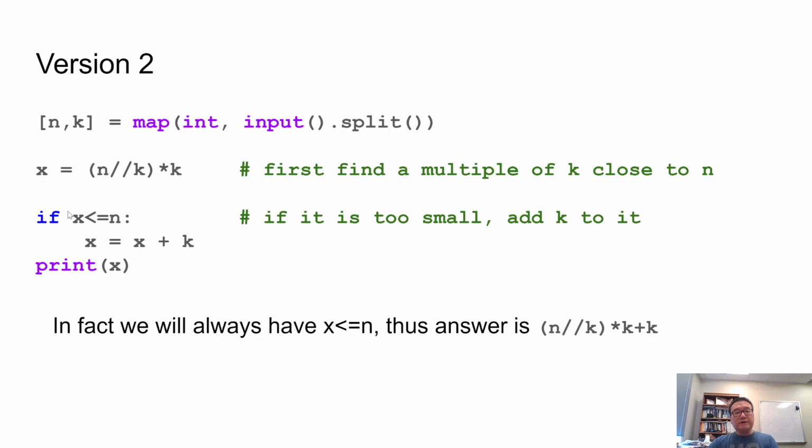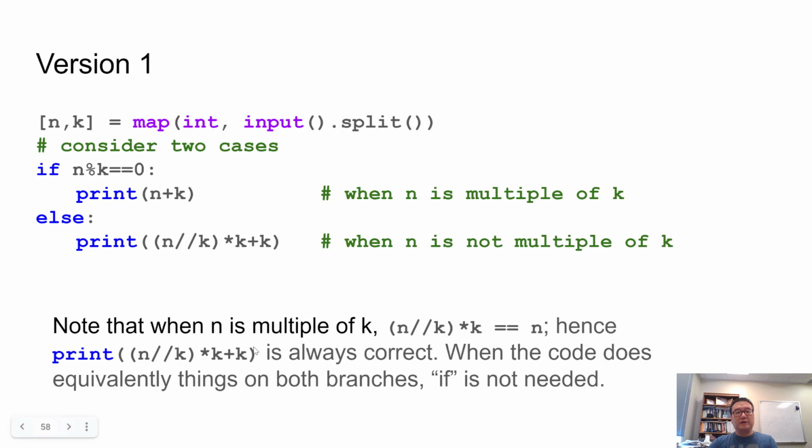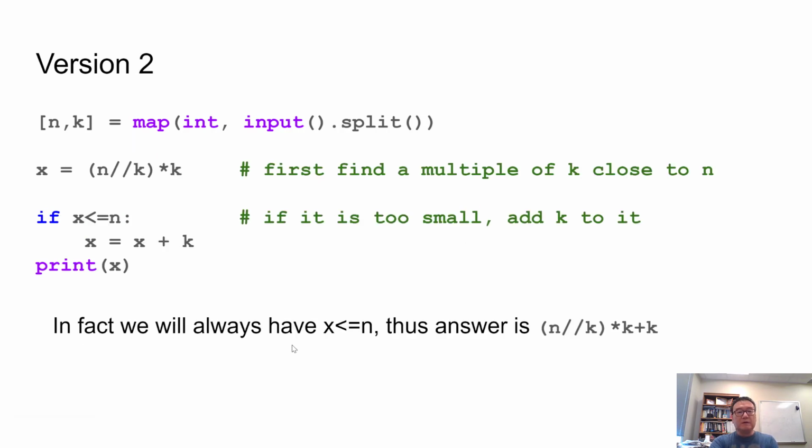And one thing you can observe is that, in fact, this if condition will always be true, because n divided by k times k can never be bigger than n. So the most it can be is equal to n. That happens when n is a multiple of k. Now, if this thing can never be false, then there's no point in having the if. So basically, I'm just saying x equals this, then x equals x plus k. I might as well just say x equals this thing plus k. So I might as well directly print that. So that's actually the same simplified version as we arrived at from the previous slide.